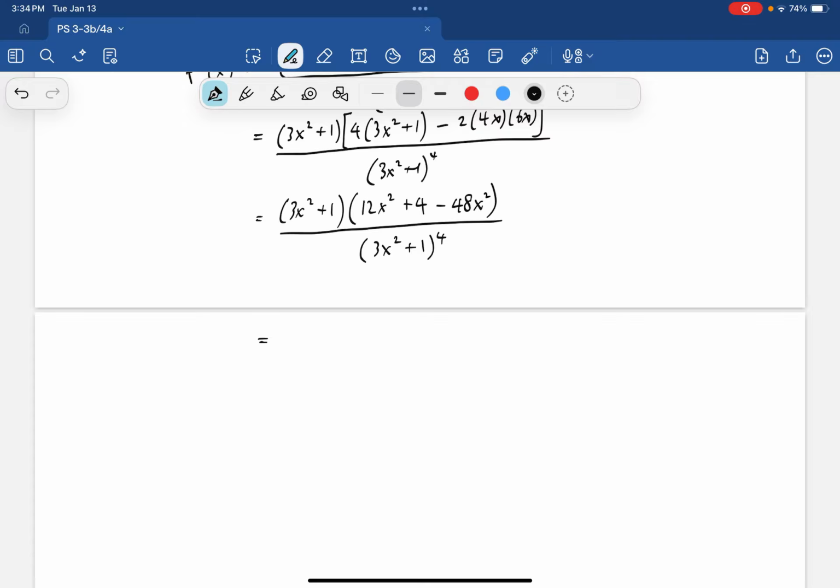Cancel out that factor of 3x squared plus 1 from the numerator now. I should have done that earlier, shouldn't I have?